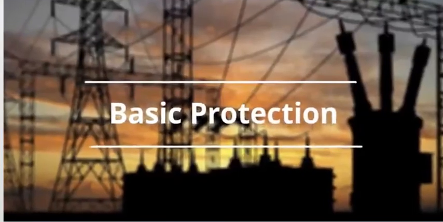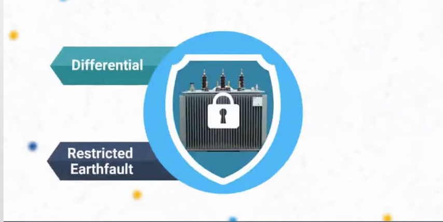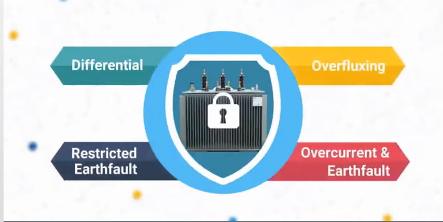The basic protection of transformers can be done in 4 different ways: differential, restricted earth fault, overfluxing, overcurrent and earth fault.